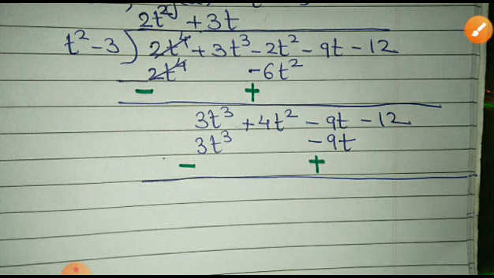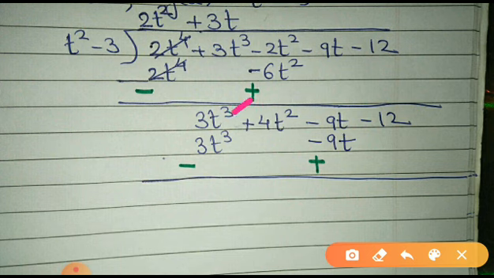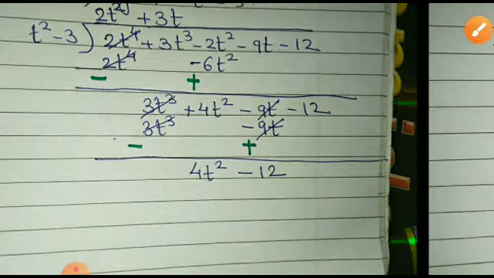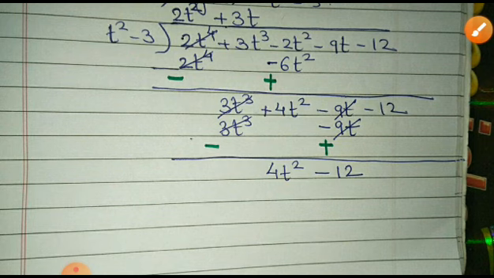Then change the sign, so this gets cancelled. I'll get 4t square, and minus 12.